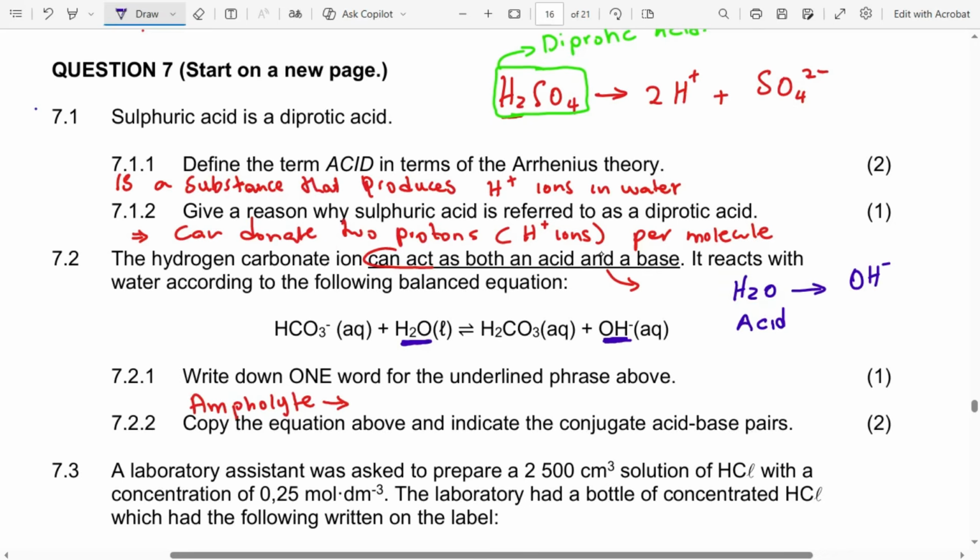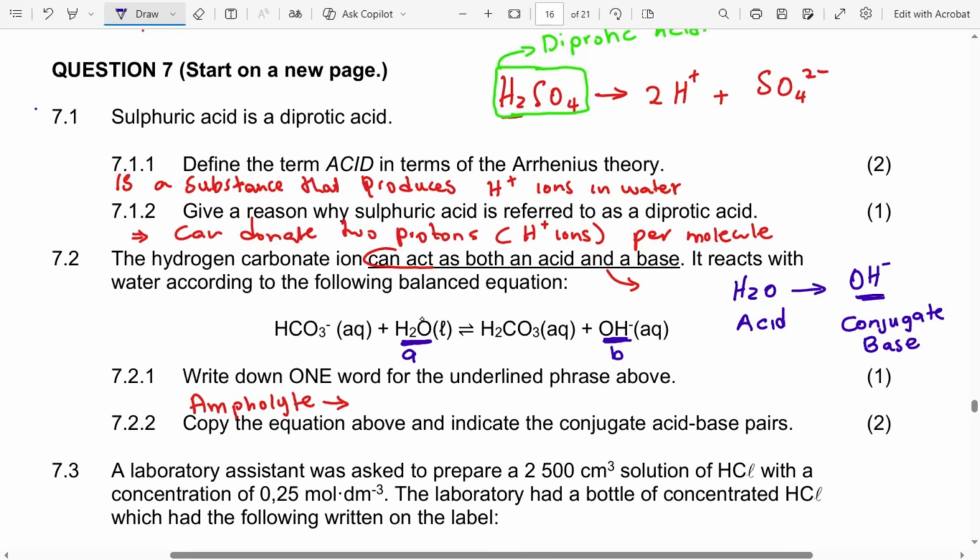Now look at this. When you remove an H plus, you create what we call a conjugate base. I'm not sure if this makes sense. So this tells you that this will be my acid and this will be my base.